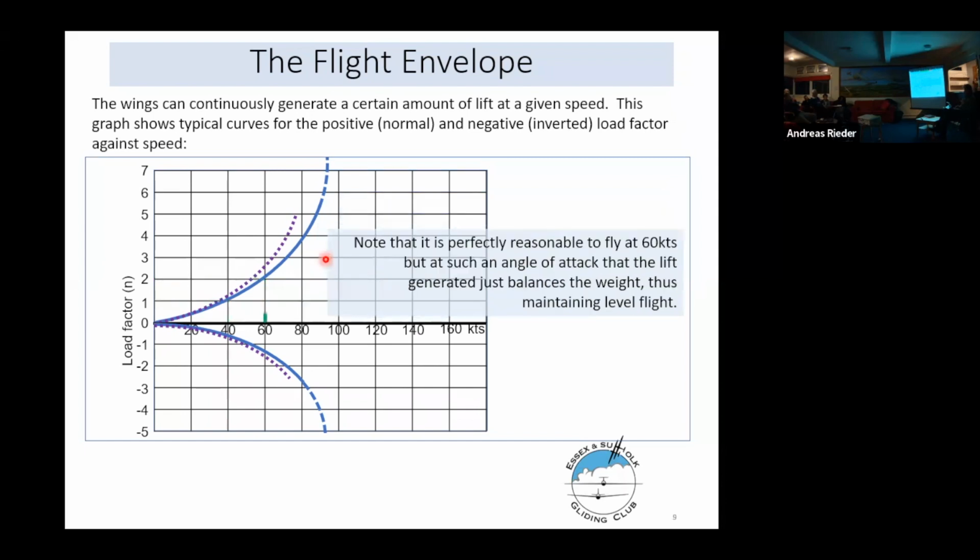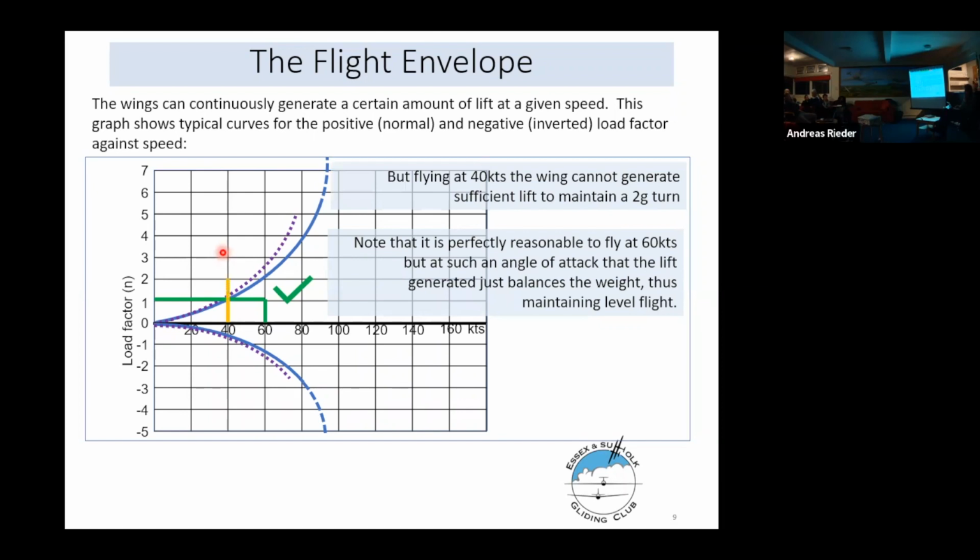So it's perfectly reasonable to fly your aircraft faster, but at a lower angle of attack. So you could be flying at 60 knots and have a lower angle of attack, only generating a load factor of 1. You're only generating enough lift to support the aircraft's own weight. But you couldn't fly slower and expect to generate a load factor of 2 or 3.